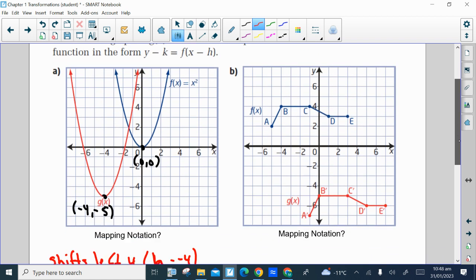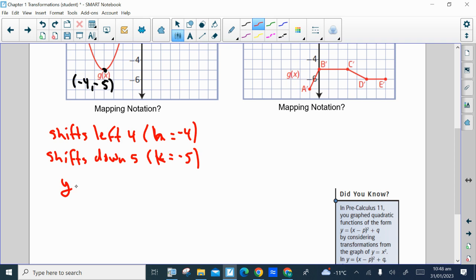So our equation, I'm going to write it in the form that we normally write it in. First, in terms of h and k, the general form is x minus h, in this case all squared, plus k.